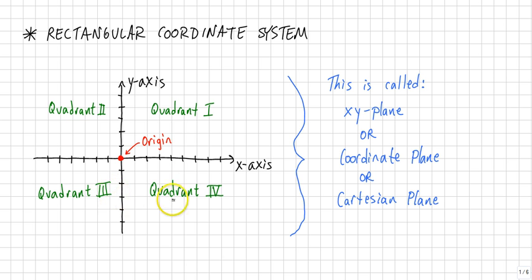This picture, the x-axis and y-axis, goes by lots of names. The most common ones are the xy plane, the coordinate plane, and sometimes the Cartesian plane, named after a mathematician by the name of Rene Descartes. I don't know if I pronounced that right. I'll typically call it the xy plane or coordinate plane, but Cartesian plane does pop up every now and again.